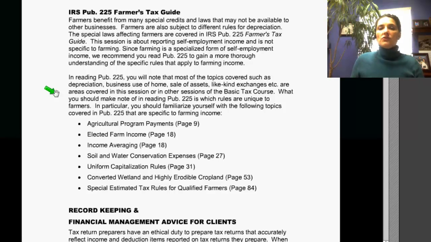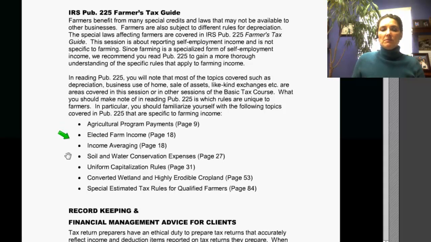In particular, you should familiarize yourself with the following topics that are covered in 225 that are specific to farming income, and they include agricultural program payments on page 9 of Publication 225, elected farm income on page 18, income averaging on page 18, soil and water conservation expenses on page 27, the uniform capitalization rules on page 31, converted wetland and highly erodible cropland on page 53, and special estimated tax rules for qualified farmers on page 84.